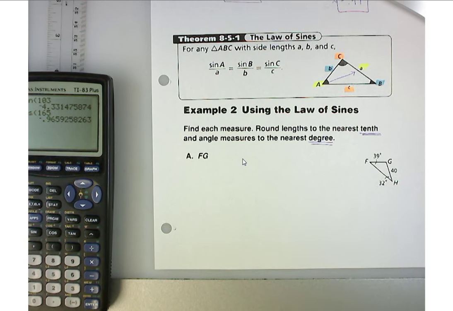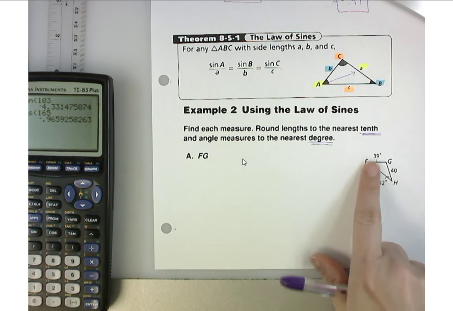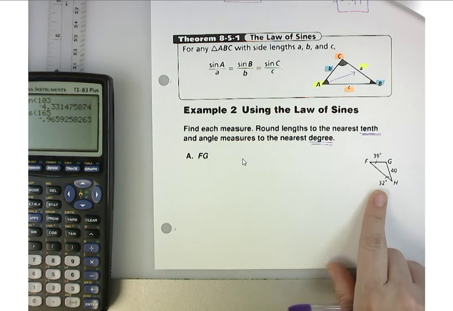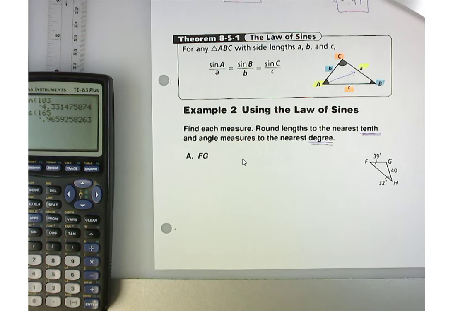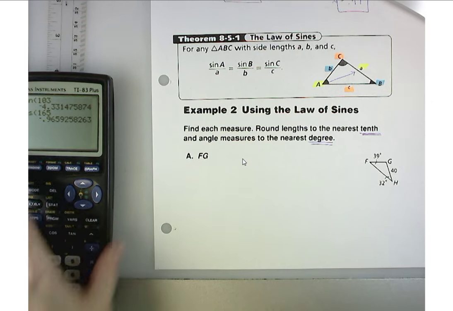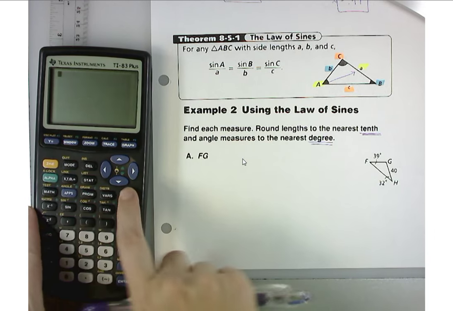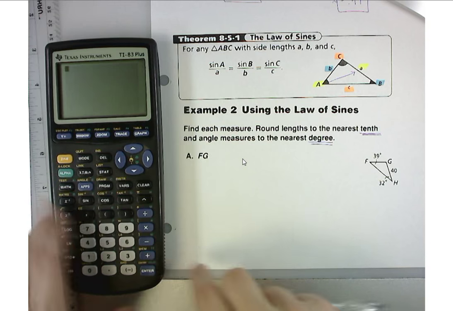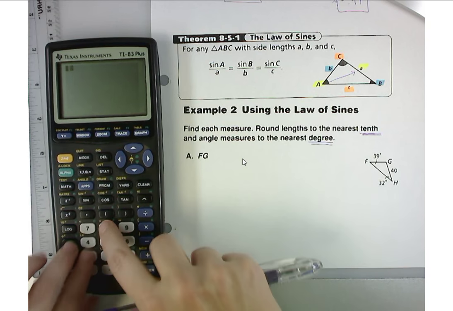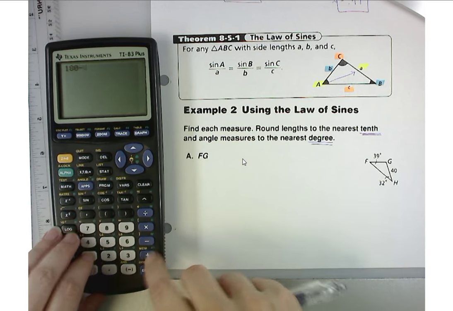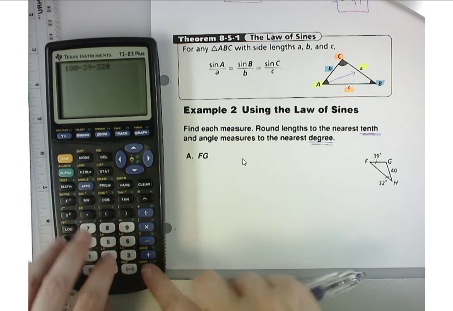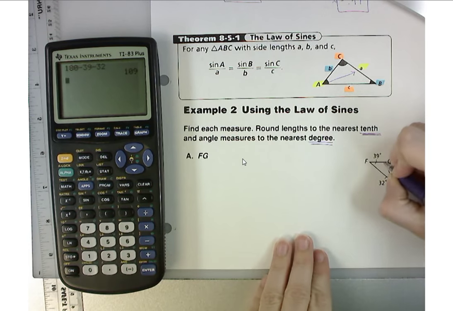If I had to find angle G, I could do that right away, because I could subtract 39 plus 32 from 180. So 180 minus 39 minus 32 gives 109.